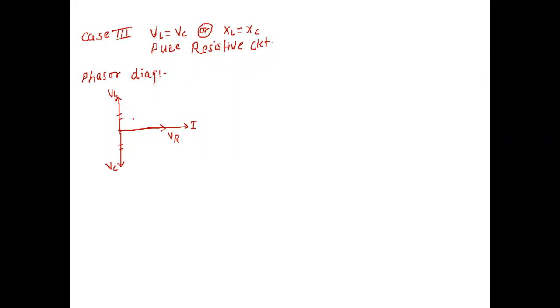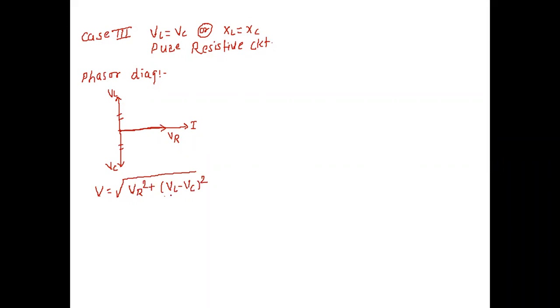Get my point? And when I want to write the formula for the total voltage, the RMS value of the total voltage, as you know our regular formula is the square root of VR squared plus (VL minus VC) squared, or you can write (VC minus VL).